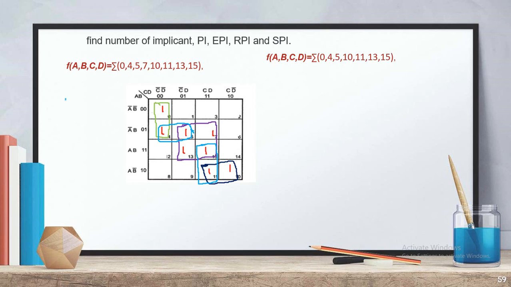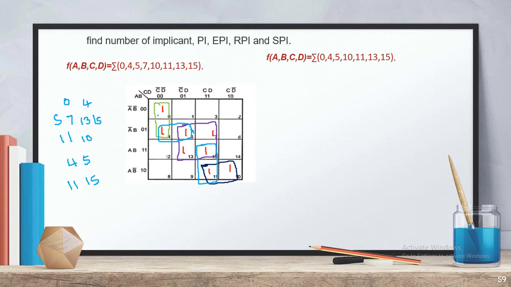In this we can say group number 1 is 0 and 4. Then we do 5 7 13 and 15. Then we do 11 and 10, and also 4 and 5, and also 11 and 10, 11 and 15.